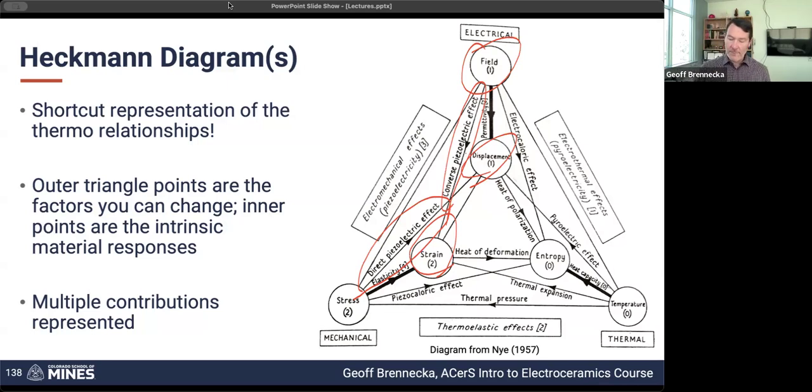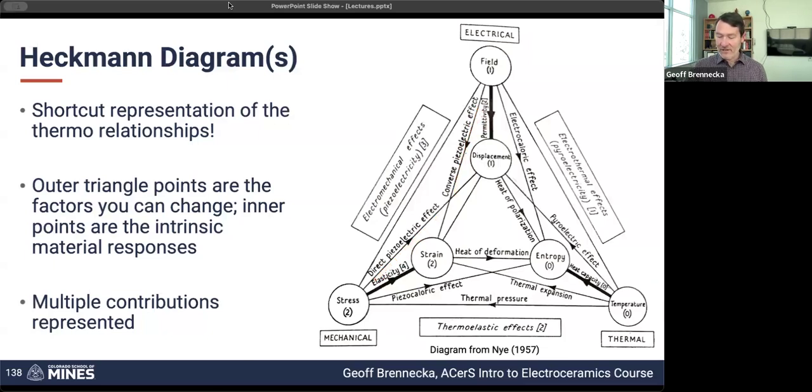And so this is just a convenient way of diagramming out how these different responses relate to one another. The useful part of this, though, is we already talked about piezoelectric being exactly the same. So the magnitude of those, even though they have different words, the coefficients and the magnitudes of those are completely identical because they're symmetric.